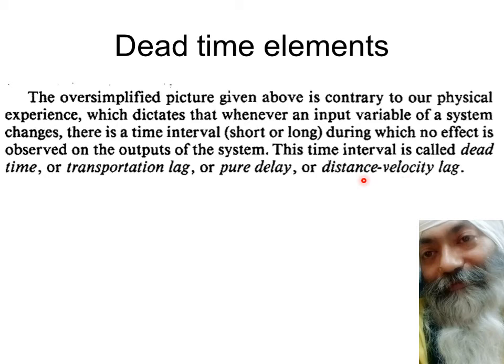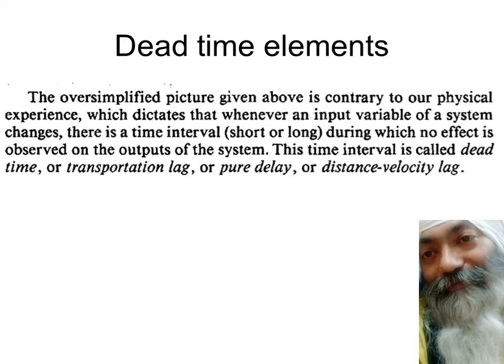All these four names, dead time, transportation lag, pure delay, and distance velocity lag, mean the same. There is no difference as such. But why it happens, we will have to see a diagram to understand.